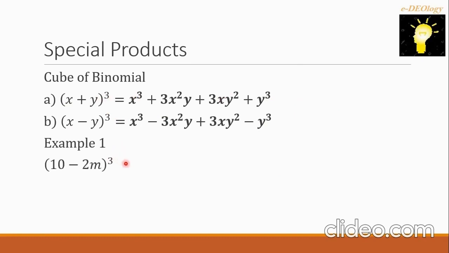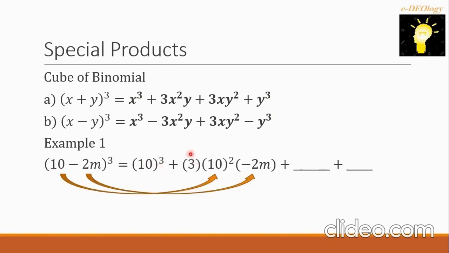Now I'm going to use the idea of formula number 1. I'm going to write my 4 blanks connected by plus signs. The first blank is for the 10 raised to 3. The second blank, I'm going to write my constant 3, and then these two terms I'm going to copy here, but the first term, which is 10, must be squared.